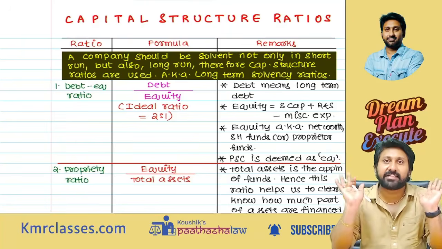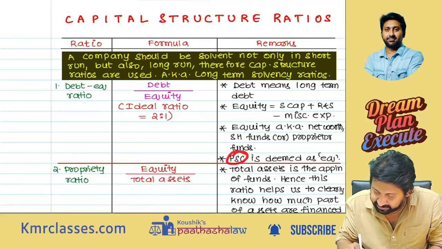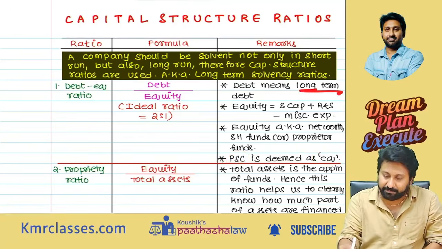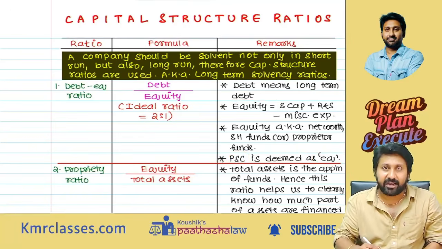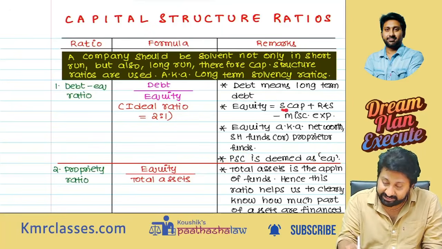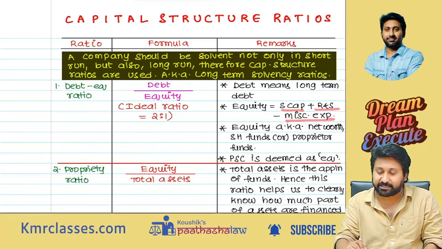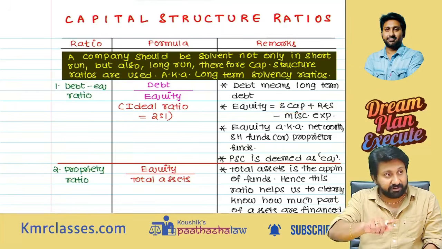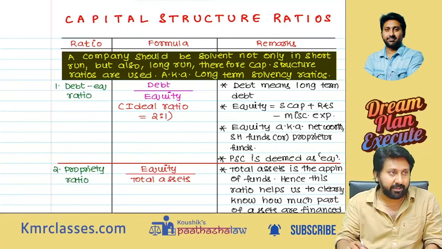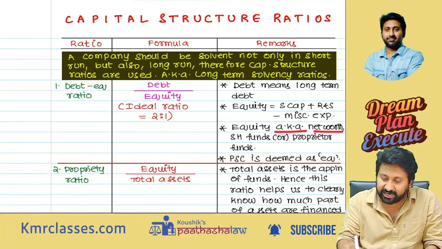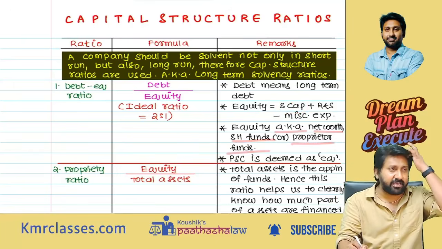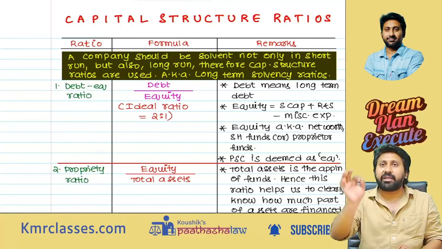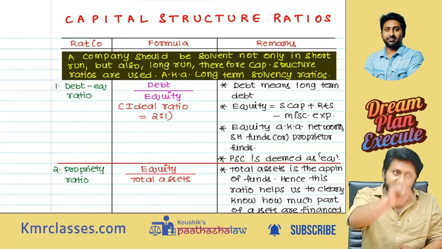Preference is treated as equity only. That's why preference capital is deemed as equity. Debt means only long-term debt. Clear? Equity means share capital, reserves and surplus minus miscellaneous expenses. Share capital means equity and preference, both will be taken. Equity is also known as net worth, shareholder fund, or proprietor fund. So if debt equity ratio is given in the exam, preference is equity there.